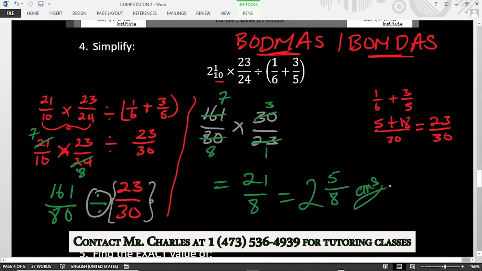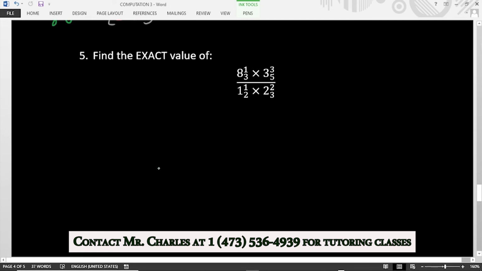That's our answer there. For number 5 here, we have 8 and 1/3 times 3 and 3/5. So again, the first thing we do, we convert the mixed numbers to improper fractions. So 3 8s are 24 and 1 is 25 over 3, times 5 3s are 15 and 3 is 18 over 5.